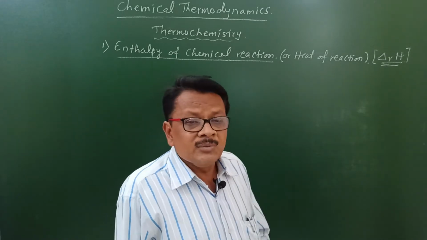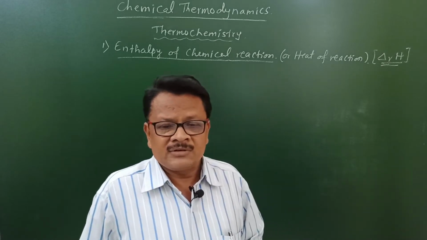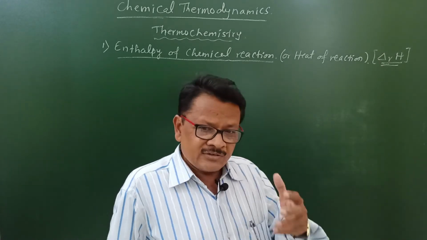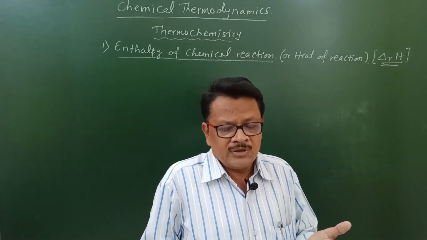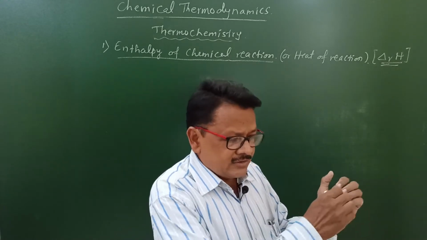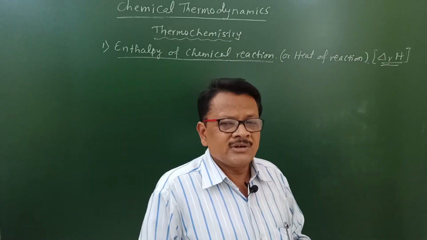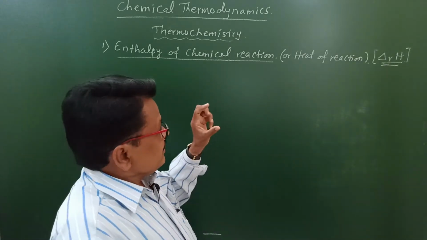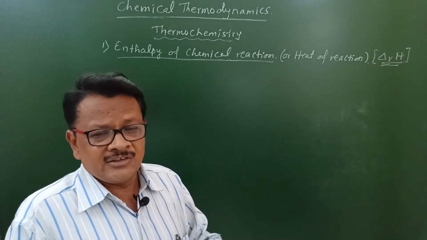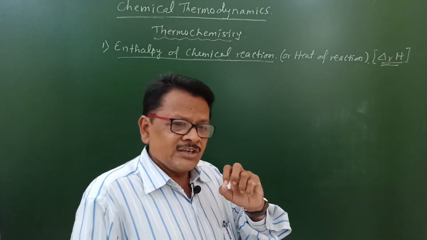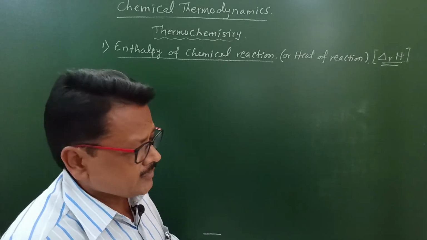Whenever any chemical reaction is taking place, chemical reactions are of two types depending upon the heat changes taking place in it. If heat is absorbed, it is known as an endothermic reaction, and if heat is released, it is known as an exothermic reaction. Heat of reaction is the heat change taking place during a chemical reaction.